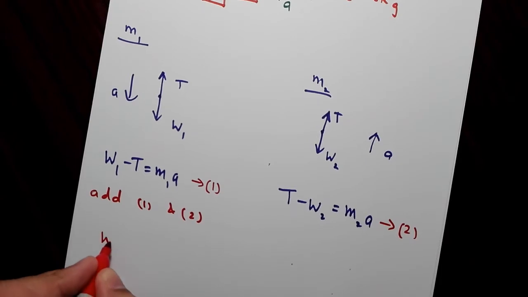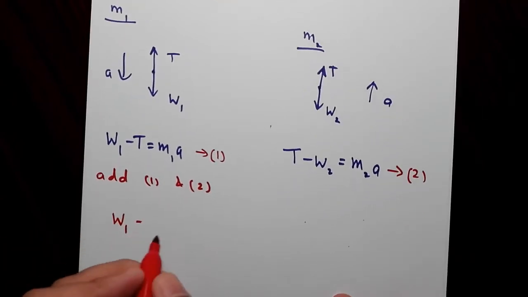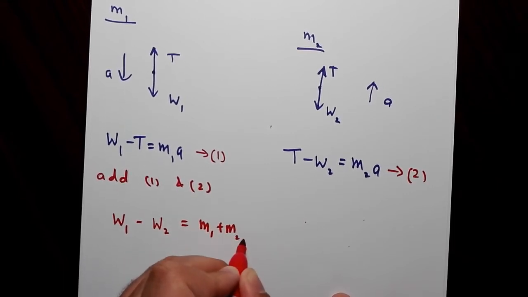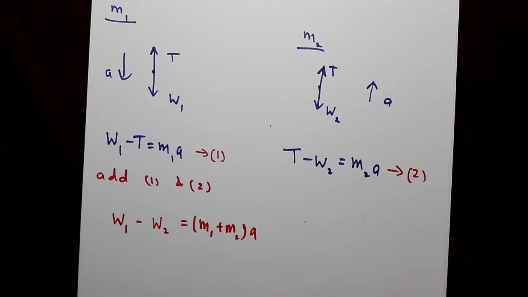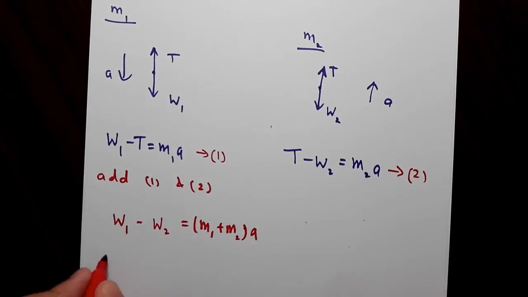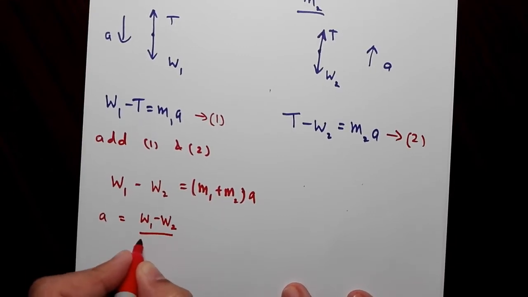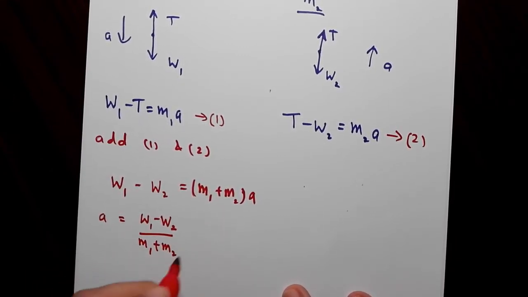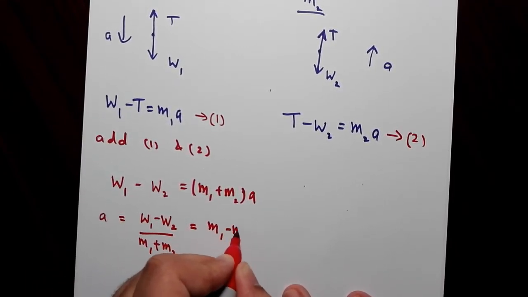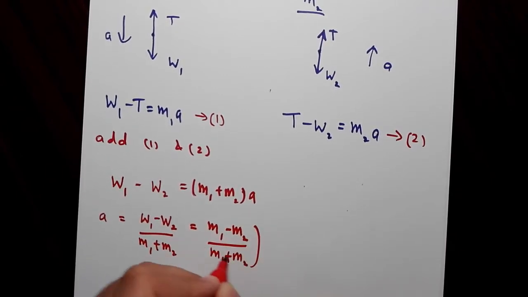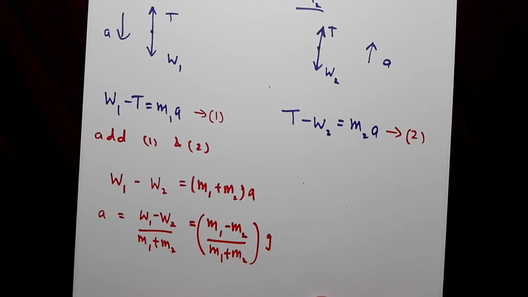We get W1 minus W2 equals M1 plus M2 times A. So acceleration turns out to be W1 minus W2 divided by M1 plus M2, which is just M1 minus M2 divided by M1 plus M2 times g.